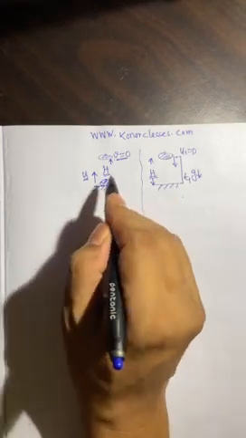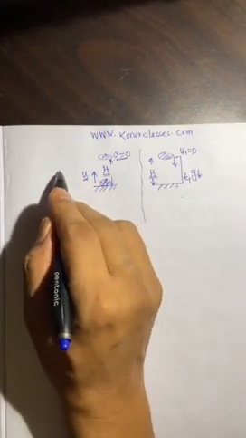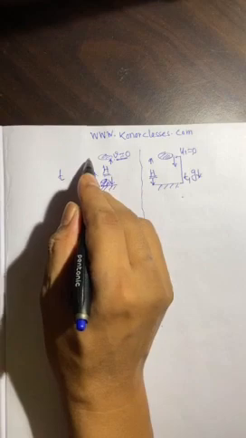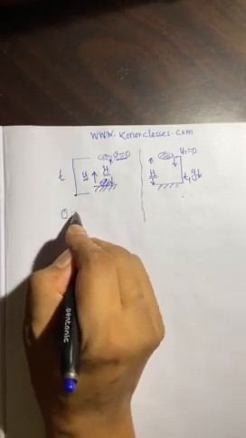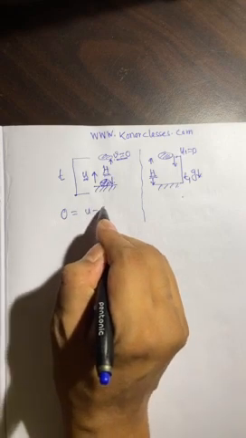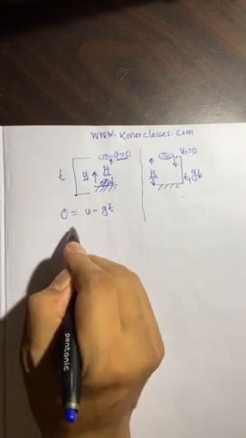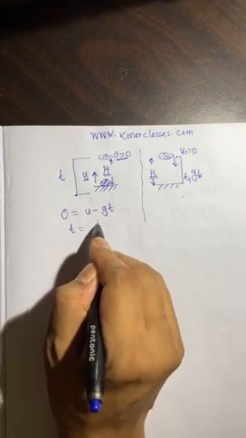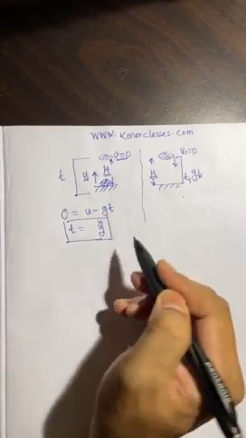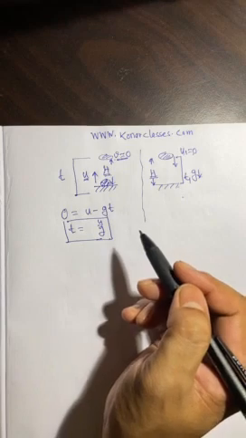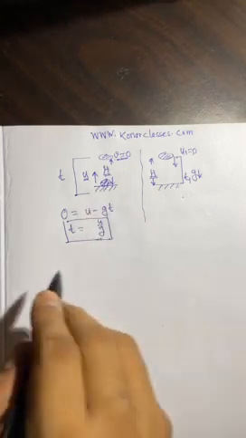Now, if it takes time t to reach the maximum height, then 0 equals u minus gt, so t equals u by g. This is the time taken by the particle to reach the maximum height.